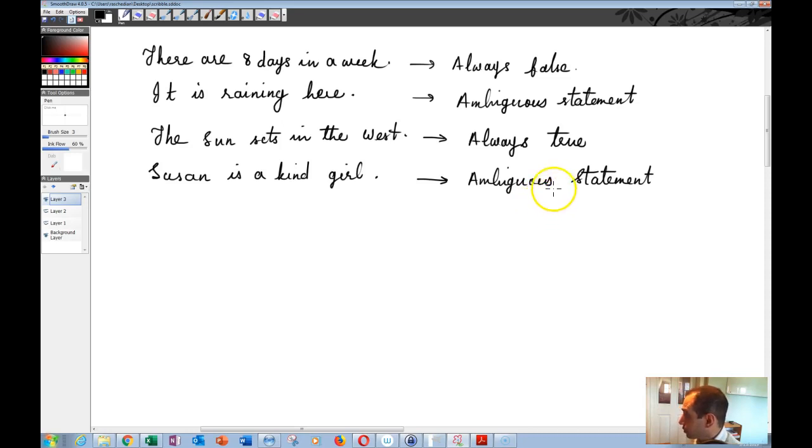Or we have another example here: the product of two odd integers is even.